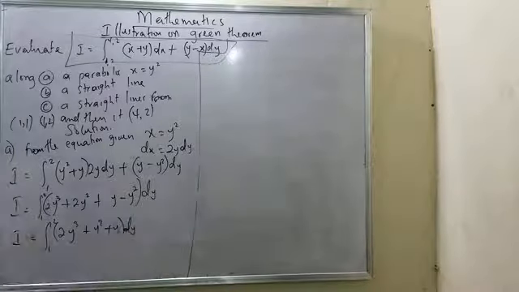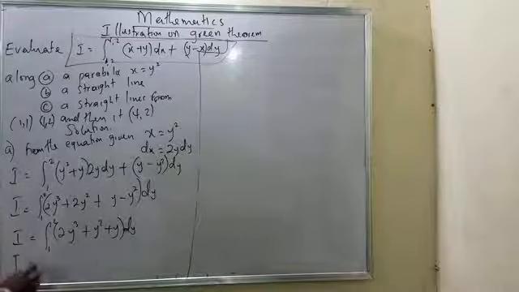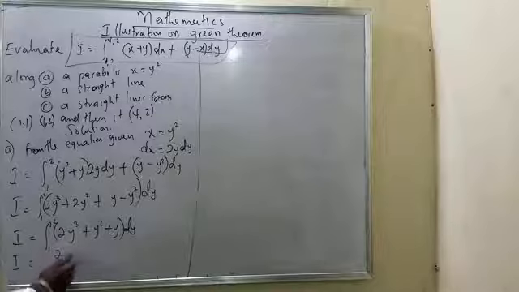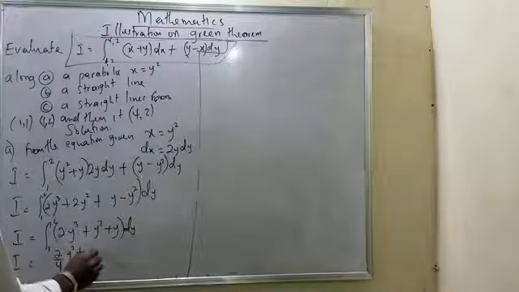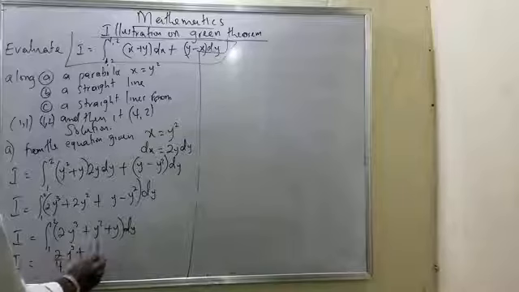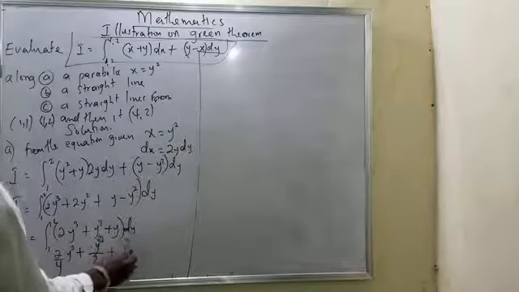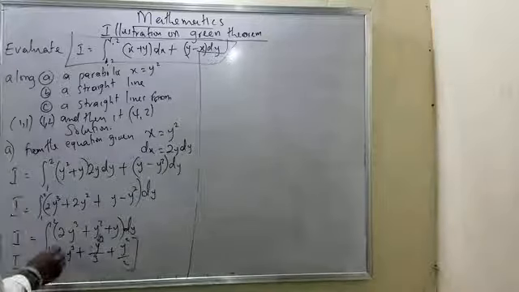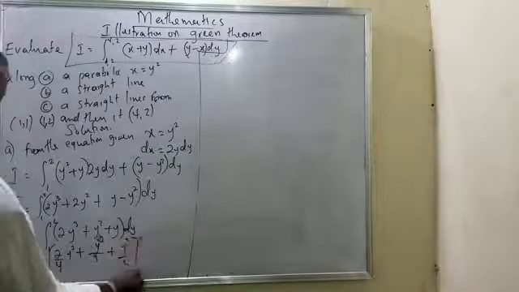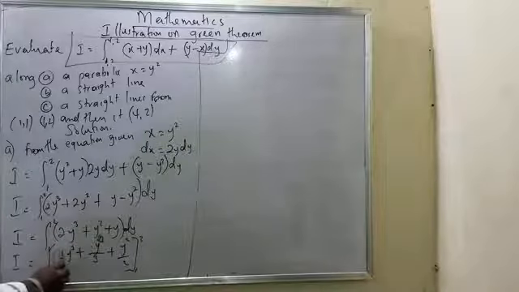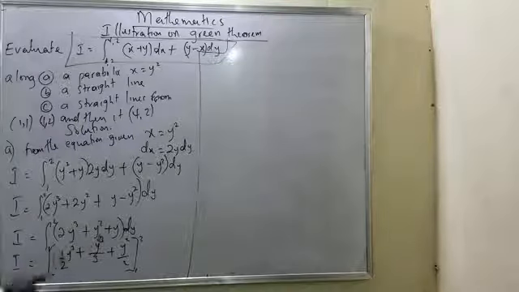Now, I can integrate, which is my I will be equal to 2 over 4 y raised to power 4, plus y cubed over 3, plus y squared over 2, and it runs from 1 to 2.